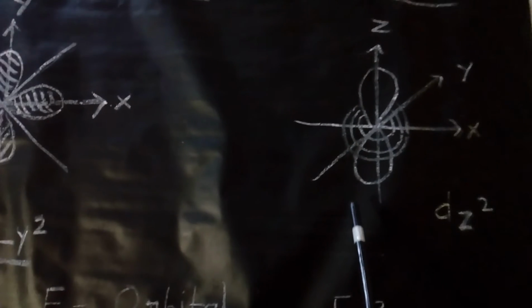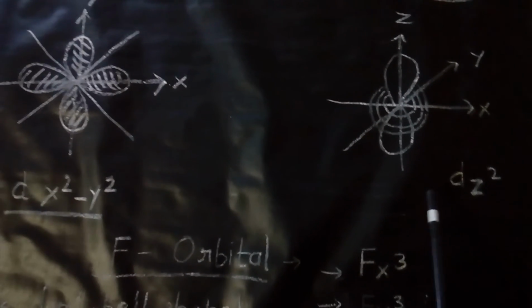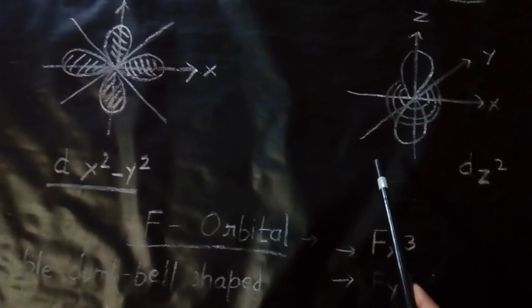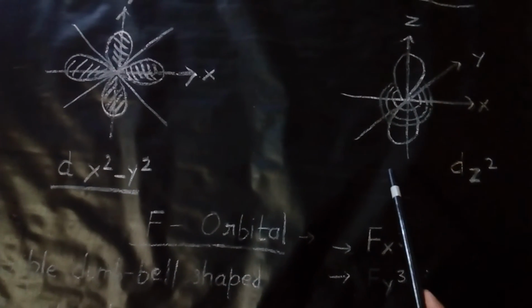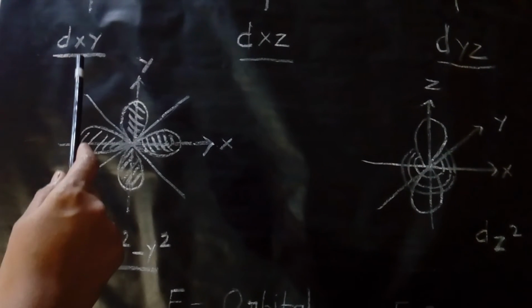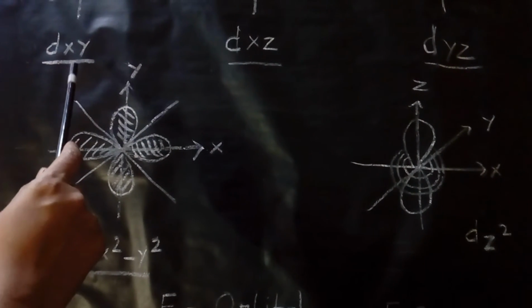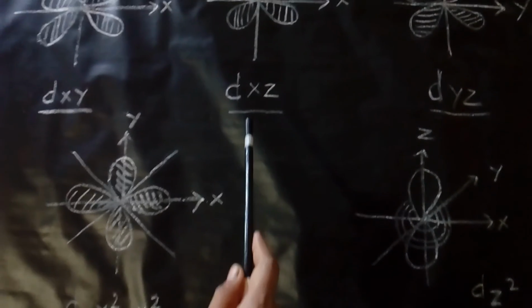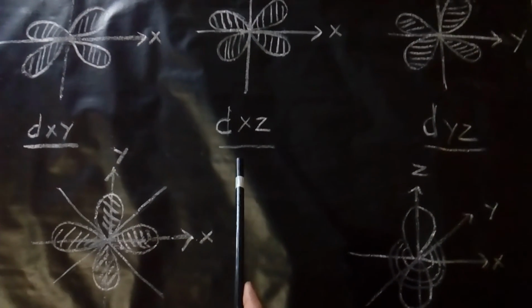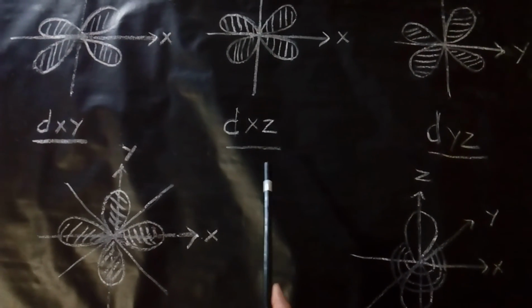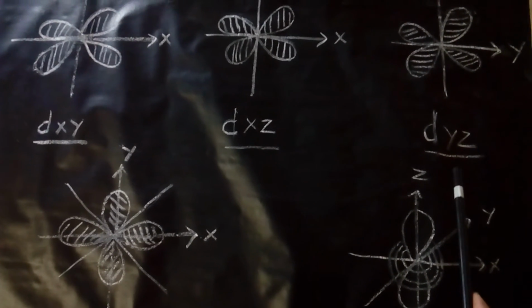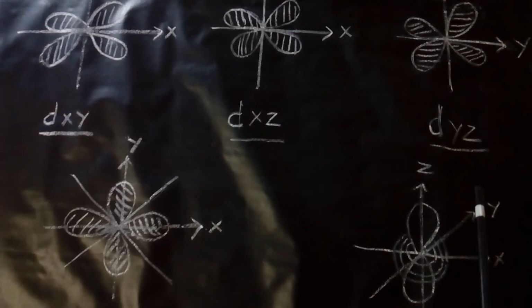So in the case of dz square, there is no nodal plane, while in all other d orbitals there are two nodal planes present. In the case of dxy, the nodal planes are yz and xz. In the case of dxz, the nodal planes are xy and zy. In the case of dyz, the nodal planes are yx and zx.